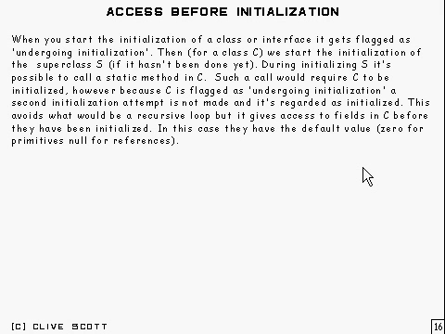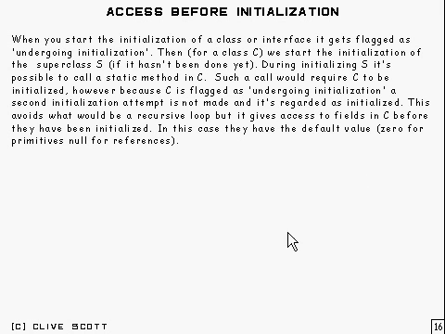Now, if you've got a final static field which has been initialized with a compile time constant, then it will still appear to have the right value, because what the compiler effectively does is replace all occurrences of that with the actual value of the constant itself, because it's known at compile time.